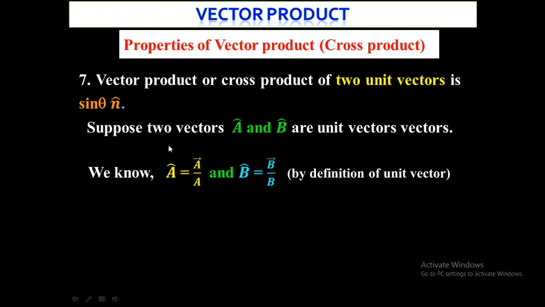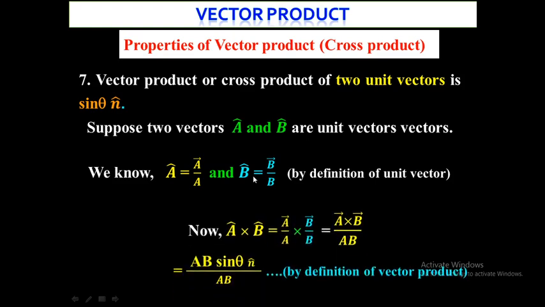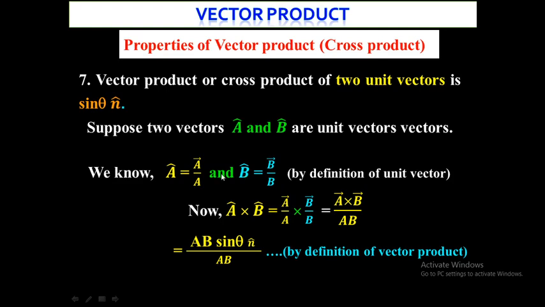Now we will take the cross product of these two unit vectors. Taking the cross product on both sides, left hand side and right hand side, we get unit vector a cross unit vector b is equal to a vector divided by its magnitude cross b vector divided by its magnitude.